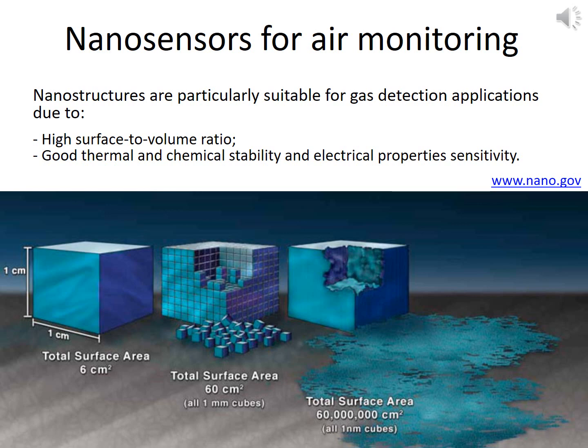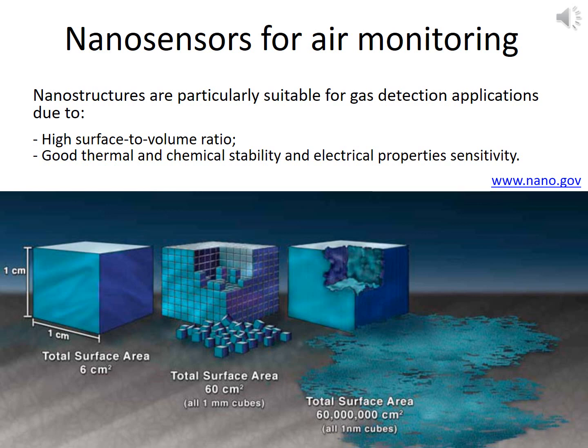Nanostructures have a high surface-to-volume ratio, which is one of the most important characteristics of a material to be used for gas sensing, and provides a large active surface area for the interaction of gas molecules. This strongly favors the absorption of gases on nanostructures and leads to highly sensitive sensor performance.